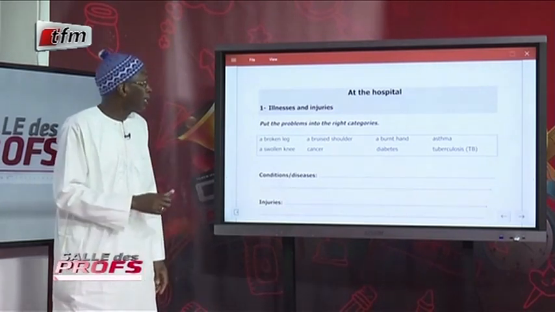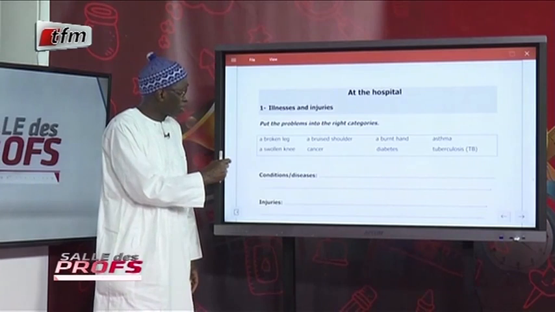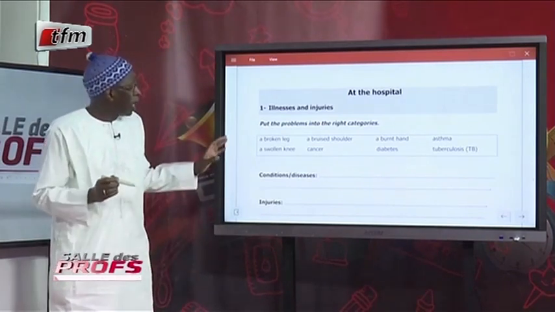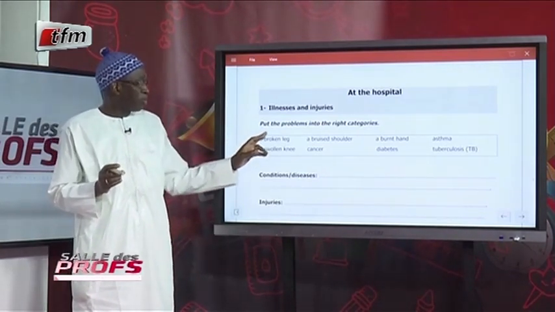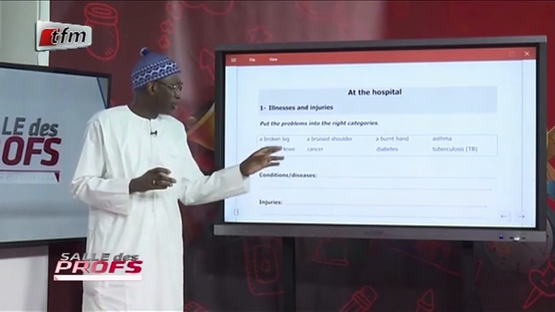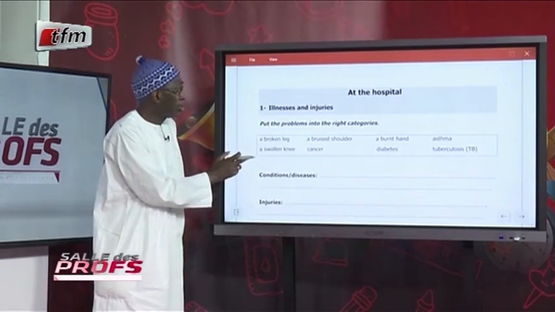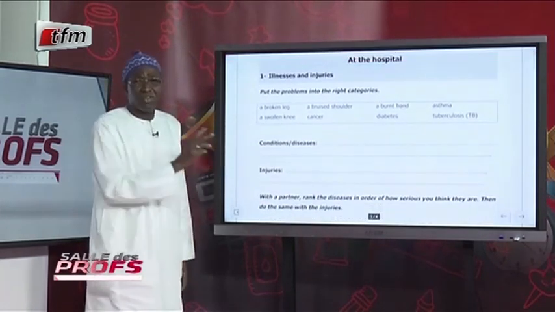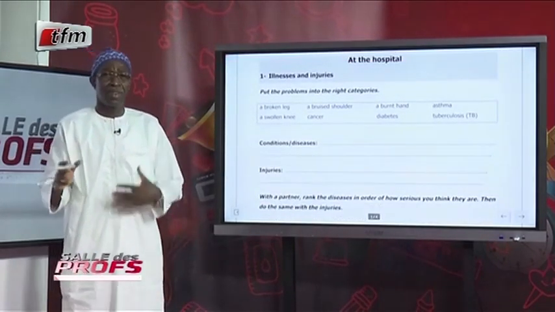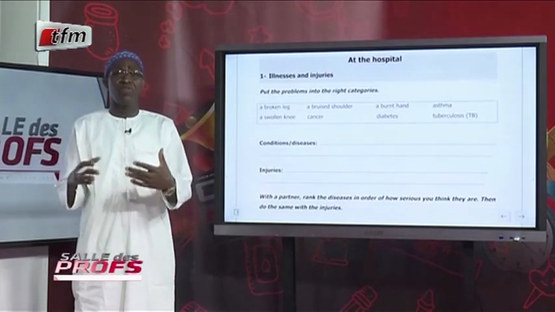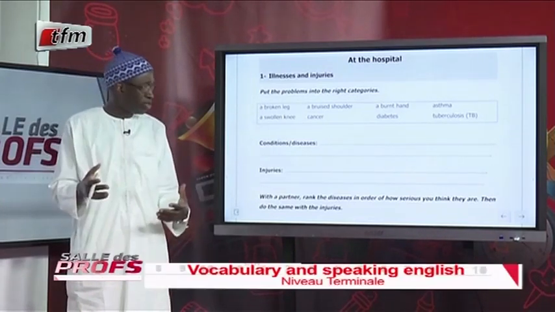So let's start with the first exercise. You are going to put these problems into the right categories. You are going to work individually first. Then, when you finish, you compare with your partner.